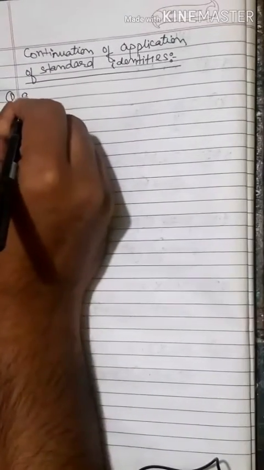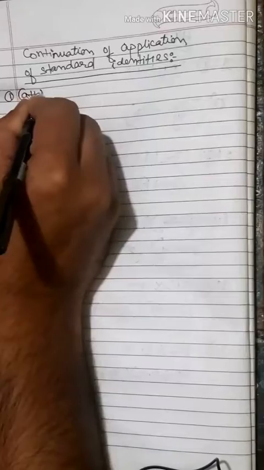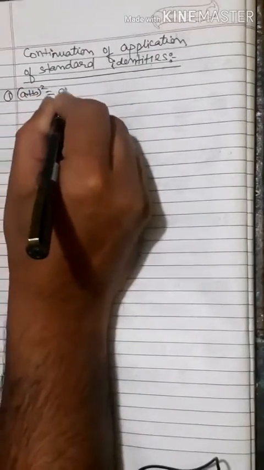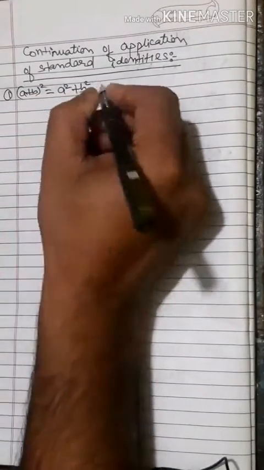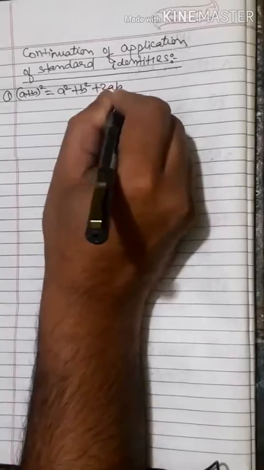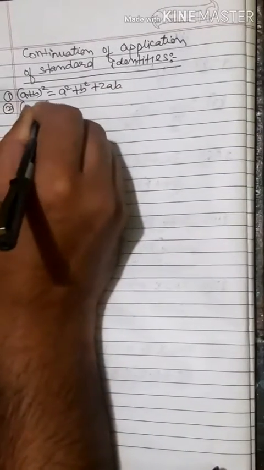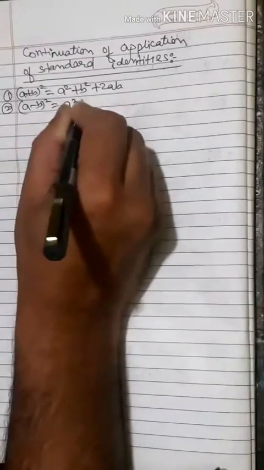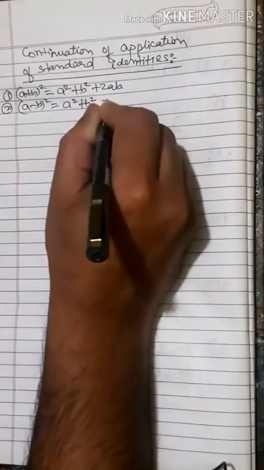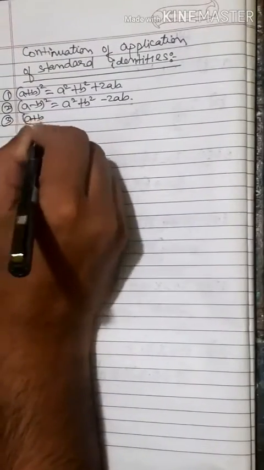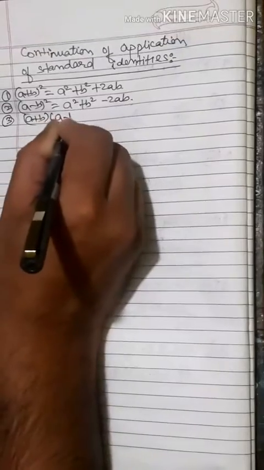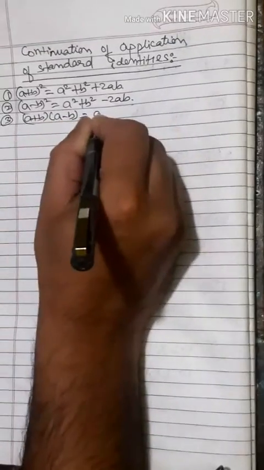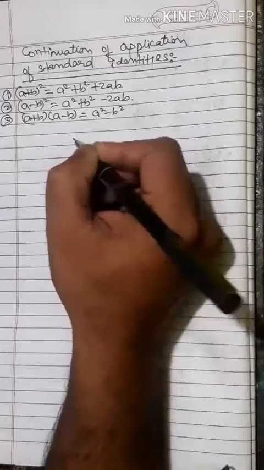The first formula is (a plus b) whole square is equal to a square plus b square plus 2ab. The second formula is (a minus b) whole square is equal to a square plus b square minus 2ab. The third formula is (a plus b) multiplied by (a minus b) is equal to a square minus b square.